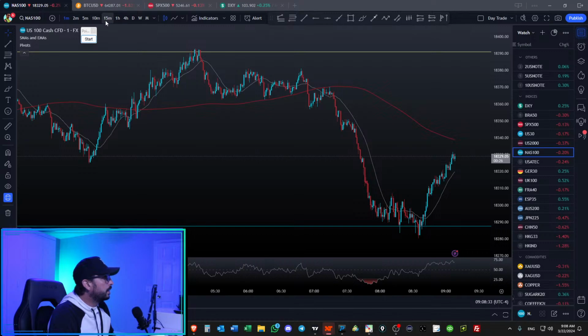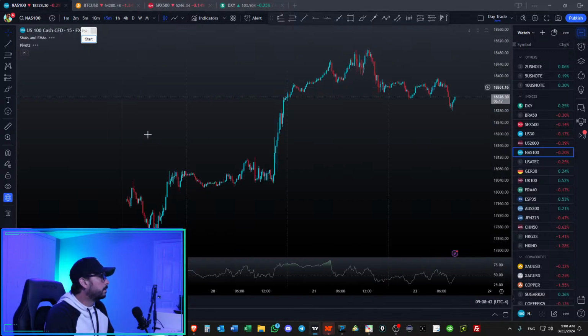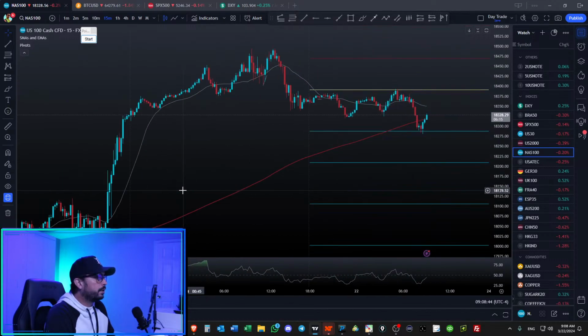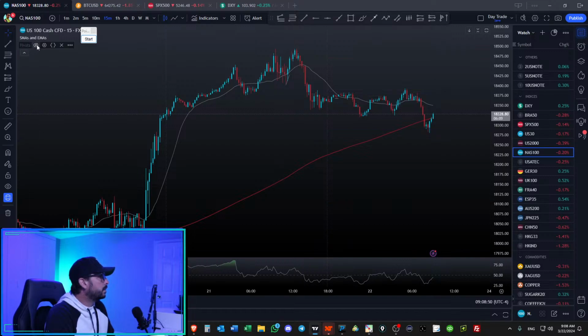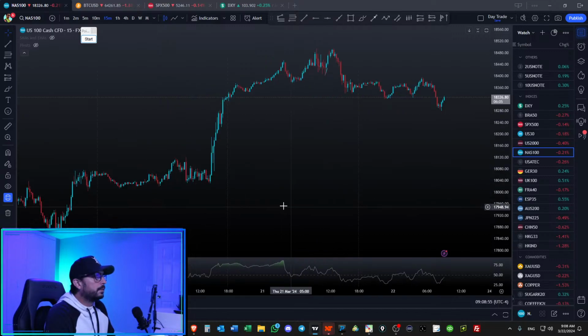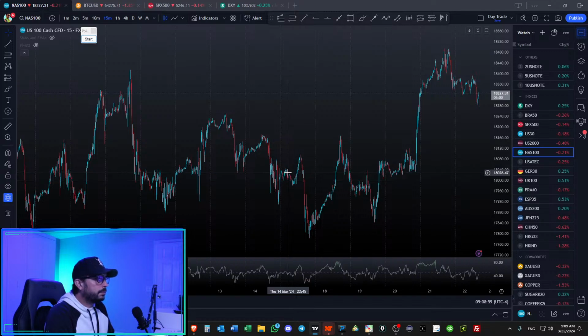All right, so let's go to the 15-minute time frame to look at the overall picture. Let's hide this, hide that for now. All right, 15-minute, important zones on the bottom here.